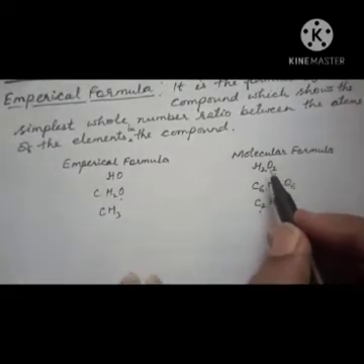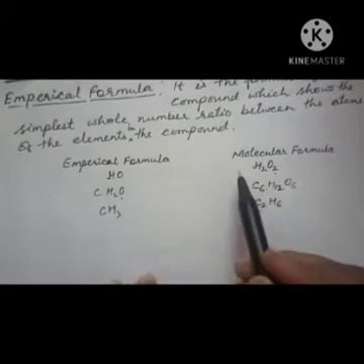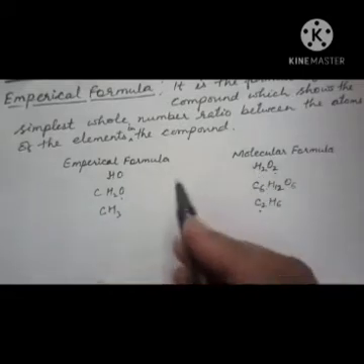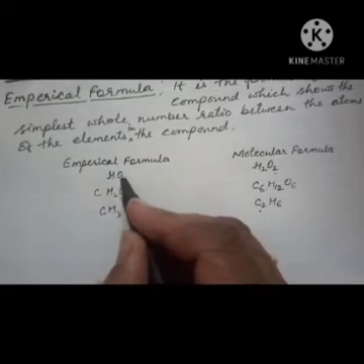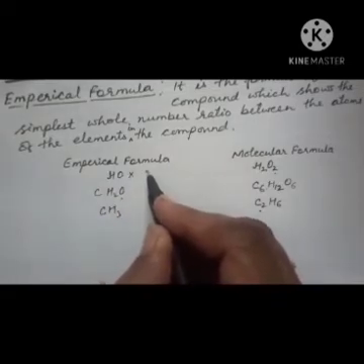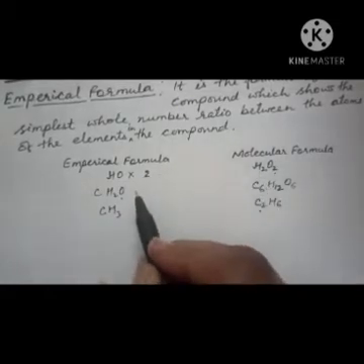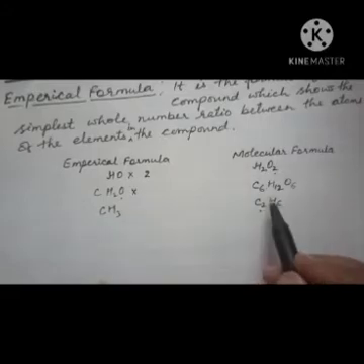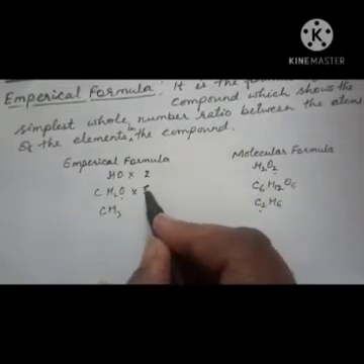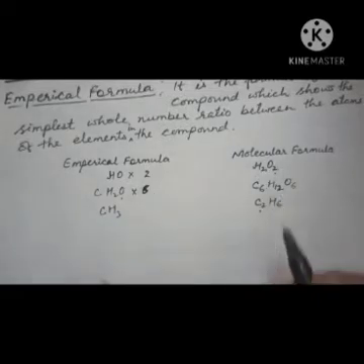Now, if the empirical formula is given, how will you find out the molecular formula? Just look at here, HO. If you multiply it with 2, then you get this molecular formula. Same way here, what common factor do you have? 6. When you multiply CH2O with 6, you get the formula of glucose, C6H12O6. Right?